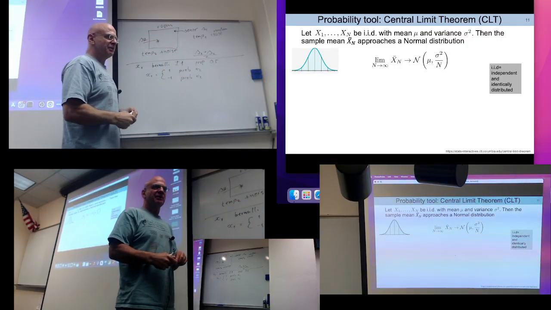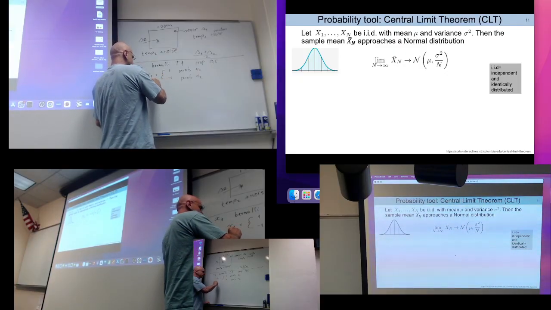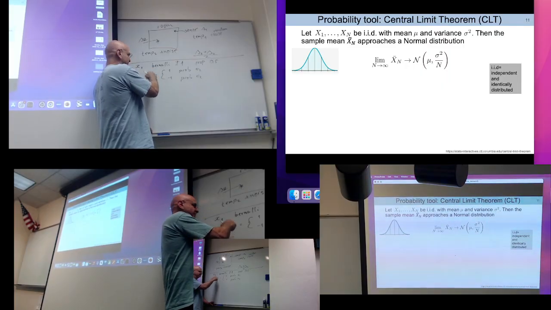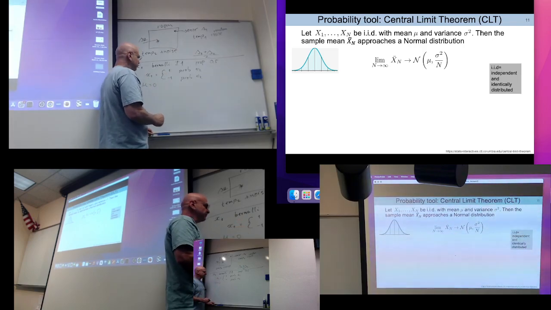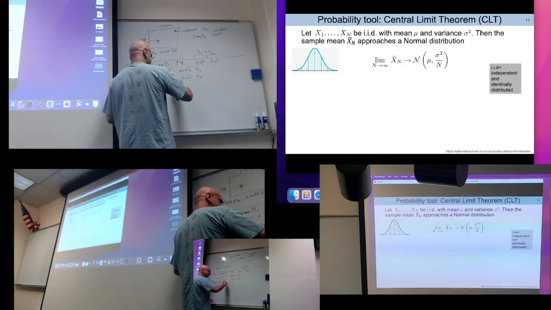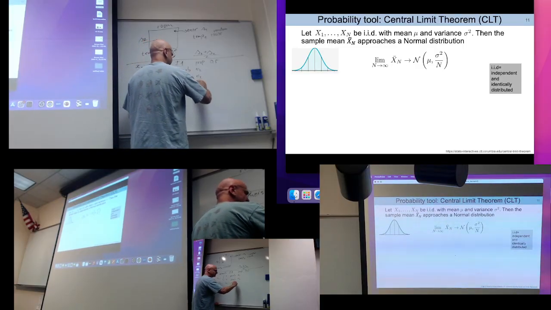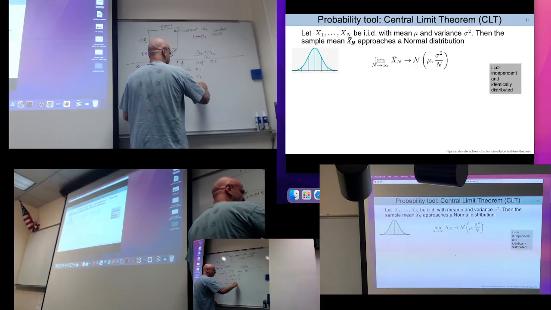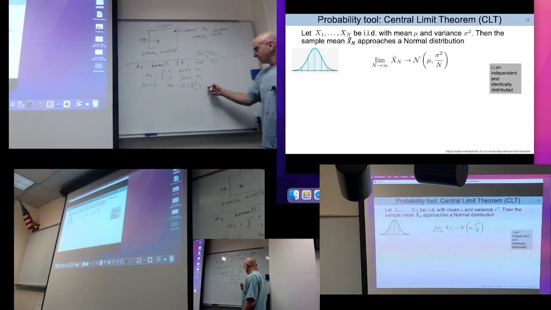So x1 is a random variable, and what is the average mu? The average of the two values, 1 with probability half, minus 1 with probability half. The average is of course 0. And what is the standard deviation, or the variance? Variance would be the expected value of, in this case, x1 squared, so what are the possible values?